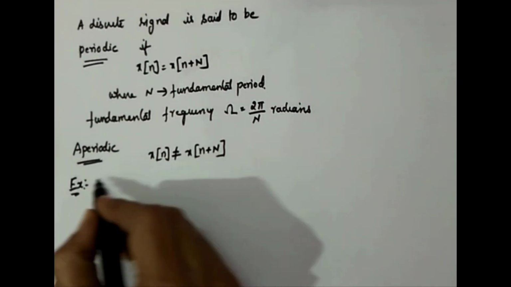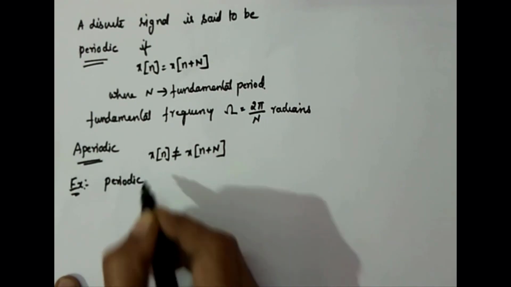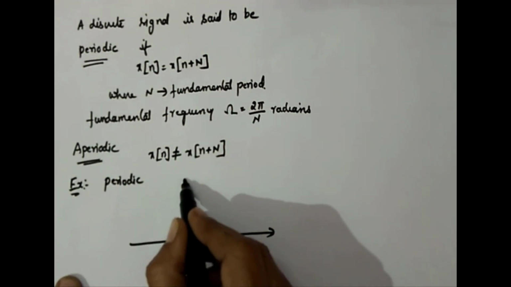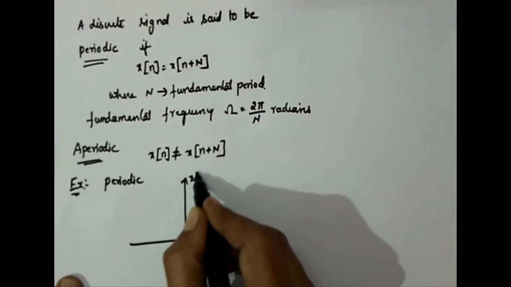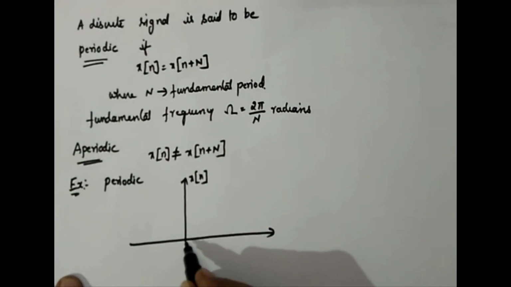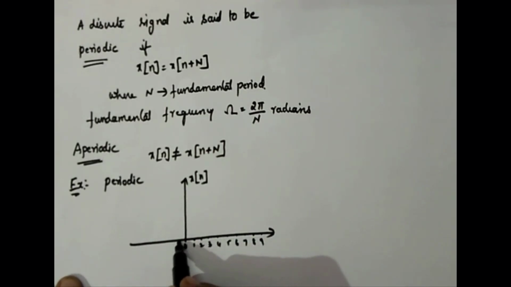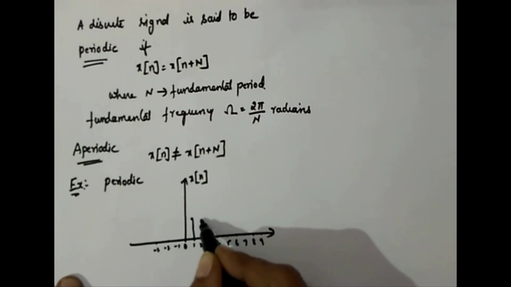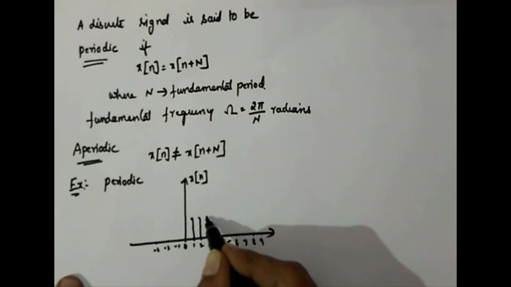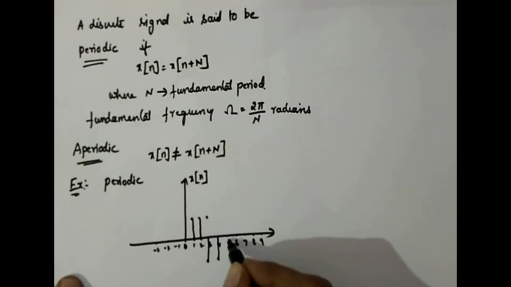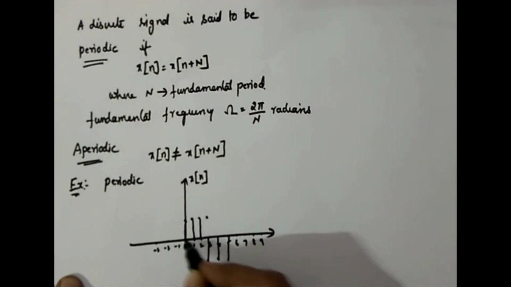Coming to the example of periodic, see the sequence. At 0 also we have a sample.